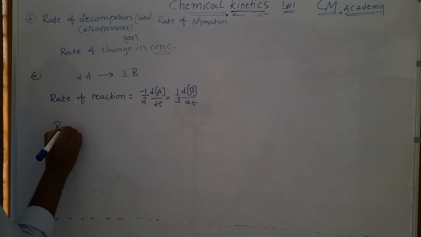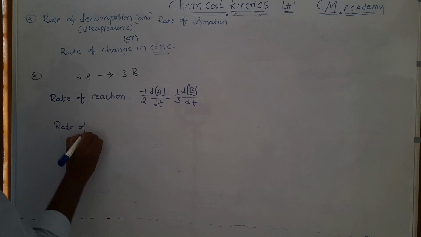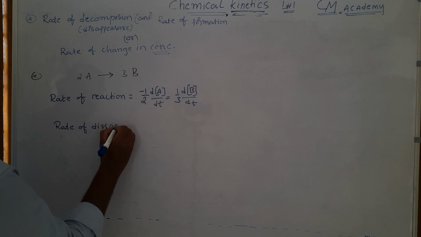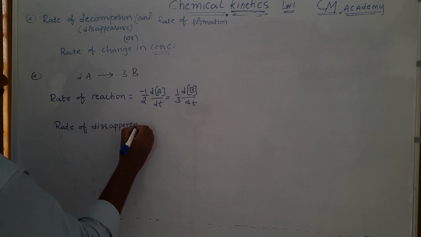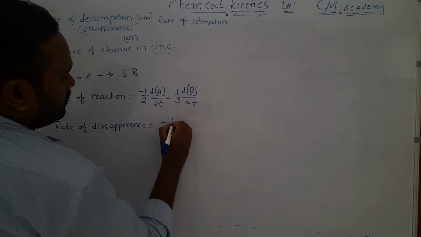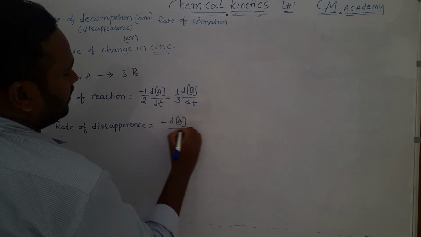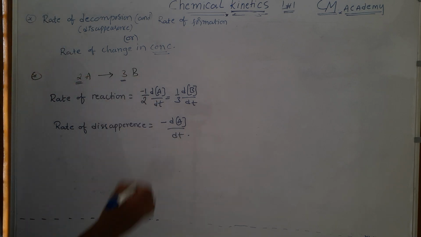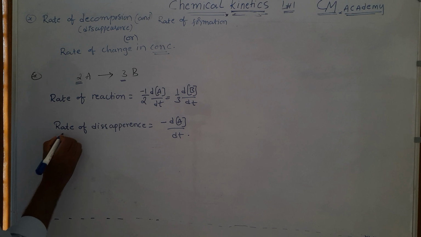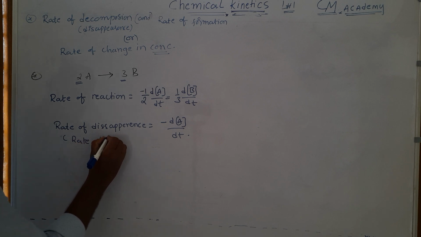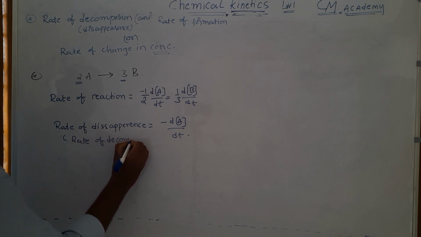So that is called first the rate of disappearance. In the rate of disappearance, we just write minus dA by dt. Here we are not using the coefficients. It is also called the rate of decomposition.